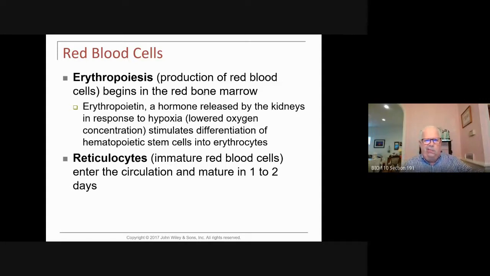Erythropoiesis, the production of red cells, begins in the bone marrow. To produce red cells, you need the hormone erythropoietin. It's released by the kidneys. If you are hypoxic, you have a low oxygen concentration. Let's say you have severe pneumonia, you have COVID pneumonia, you need supplemental oxygen.